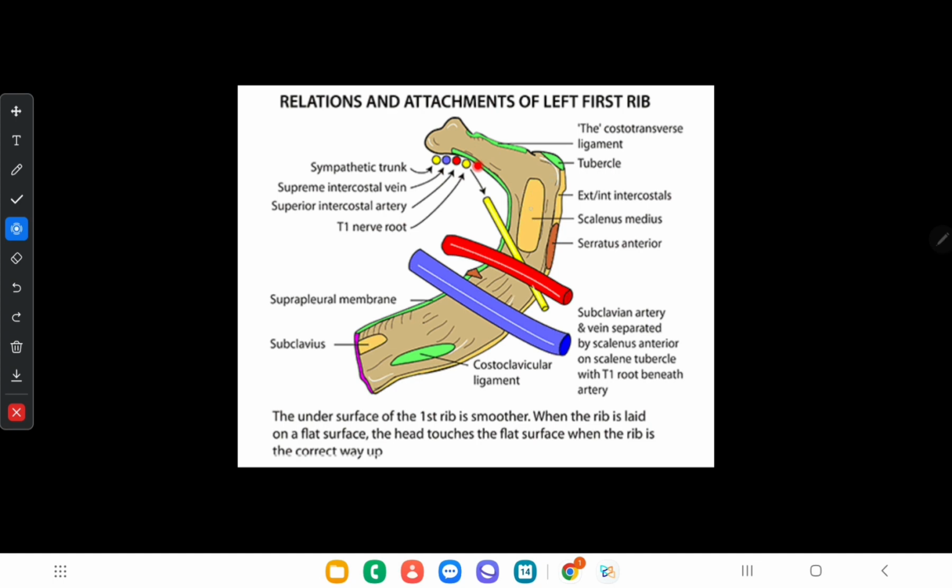Also, the first rib gives attachment to serratus anterior and scalenus medius muscles. Scalenus anterior muscle is attached to this scalene tubercle.